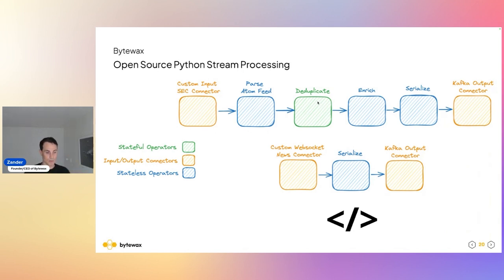We can deduplicate those filings in a stateful step, because if we're polling, depending on the interval, you'll most likely have duplicates. We can then enrich this data with some more company information, serialize it, and then write it to Kafka. So we're describing the different steps we're going to take to move data from this raw Atom feed to something we can use downstream, which is the filing information itself.